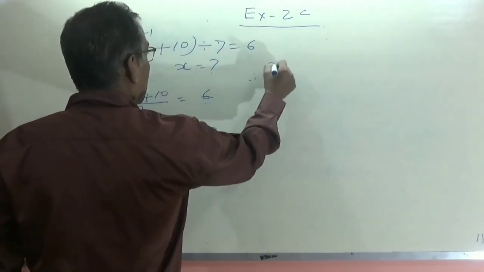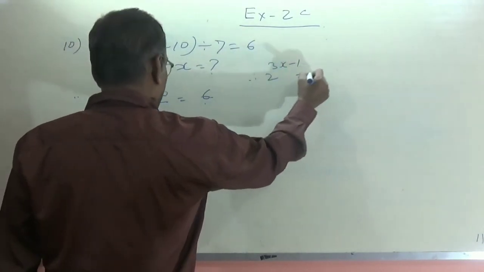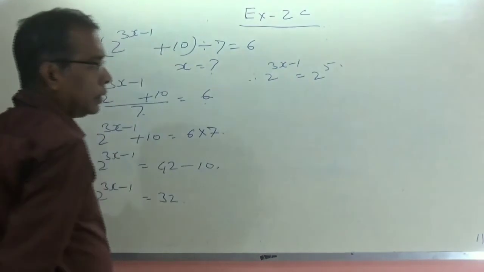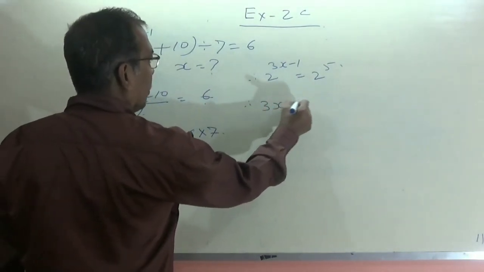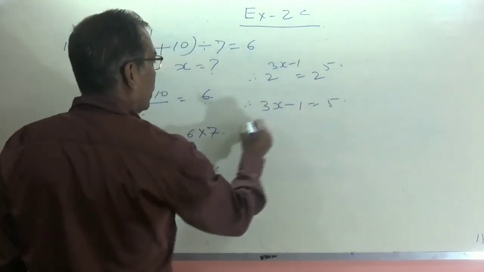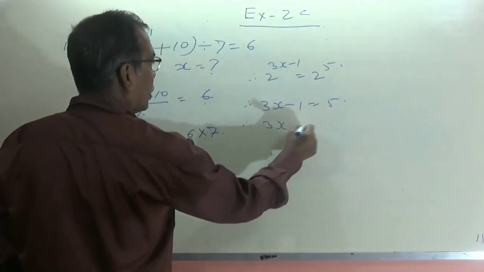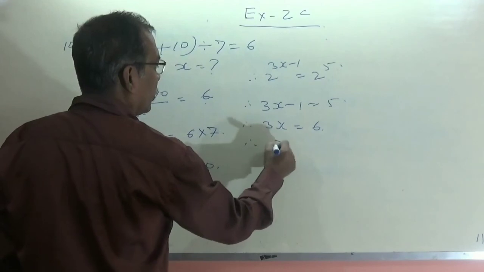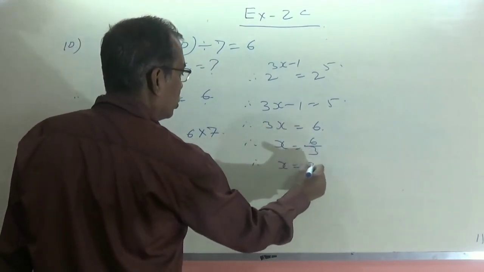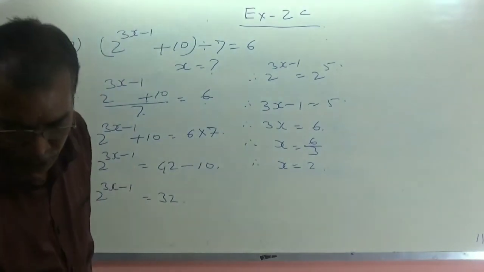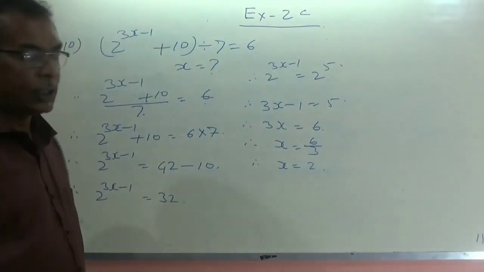Therefore 2 to the power 3x minus 1 is equal to 2 to the power 5. Bases are equal, so powers are also equal. So therefore 3x minus 1 is equal to 5. So 3x is equal to 5 plus 1 is 6. So x is equal to 6 by 3. So therefore x is equal to 2. Let me check if the answer is correct or not. It is correct. The answer is D.